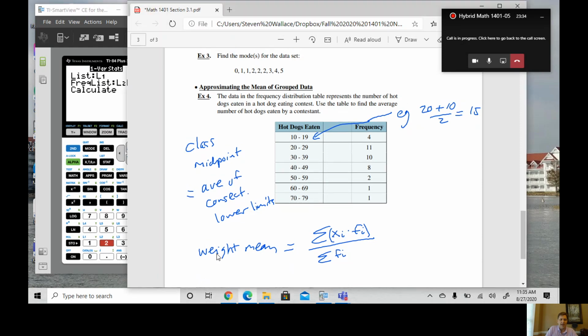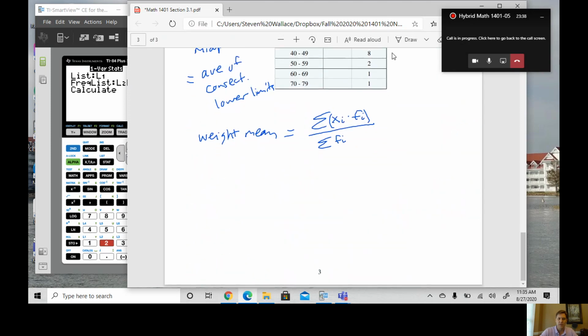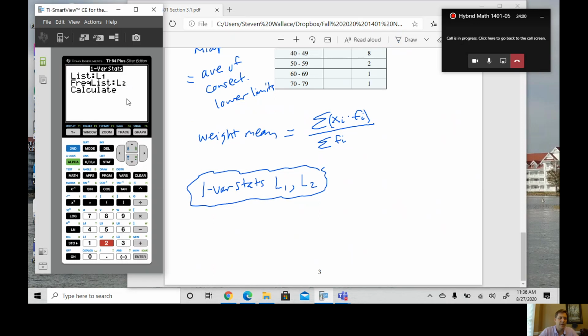So in that one, when I go to 1-Var Stats, it takes me to a different screen, and I actually have to type second 1 comma second 2, which makes this on the screen. Okay, if you have this version of the calculator, which everyone does, this is how you do that.